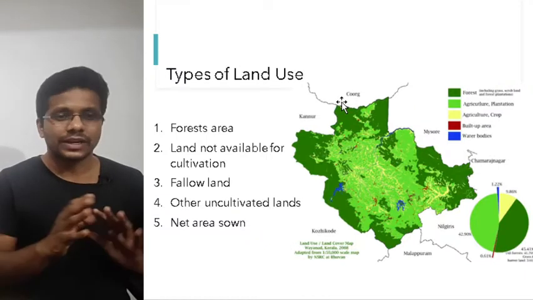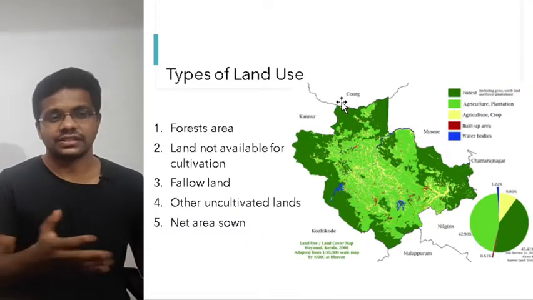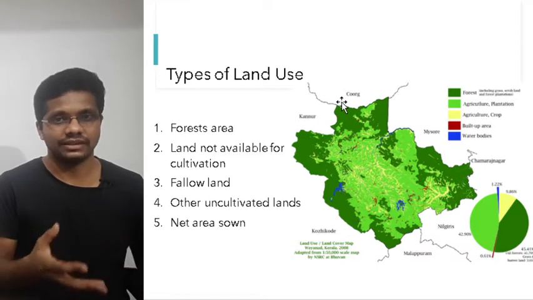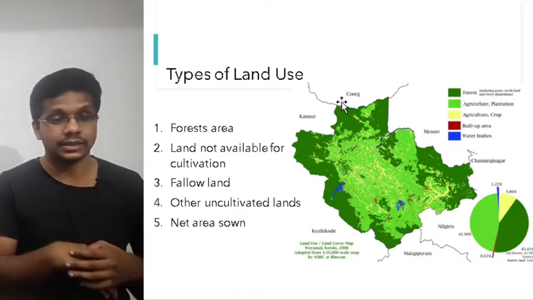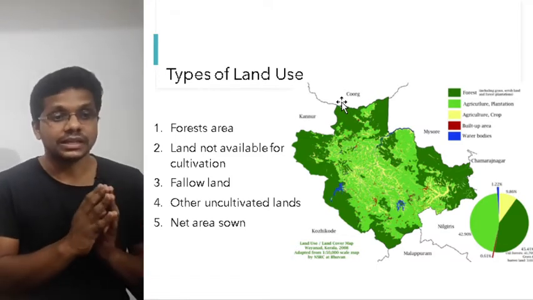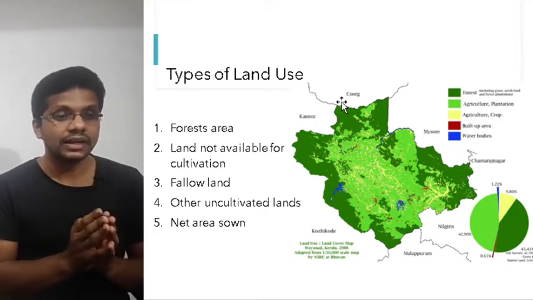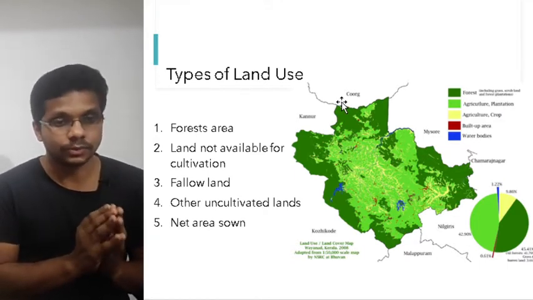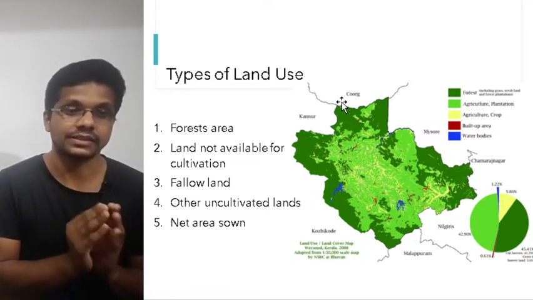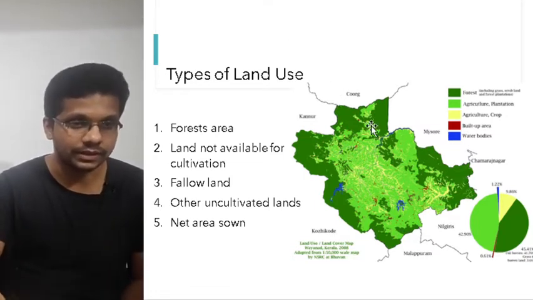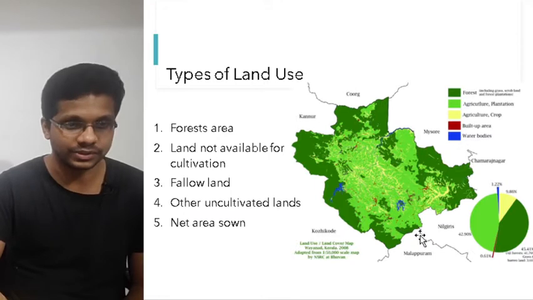Land can be utilized for different purposes like forest, land not available for cultivation, fallow land, net sown area, etc. In the figure you can see the graphical representation of the Wayanad district of Kerala. Most of the area in the Wayanad district is covered by forest. Dark green is the forest area.